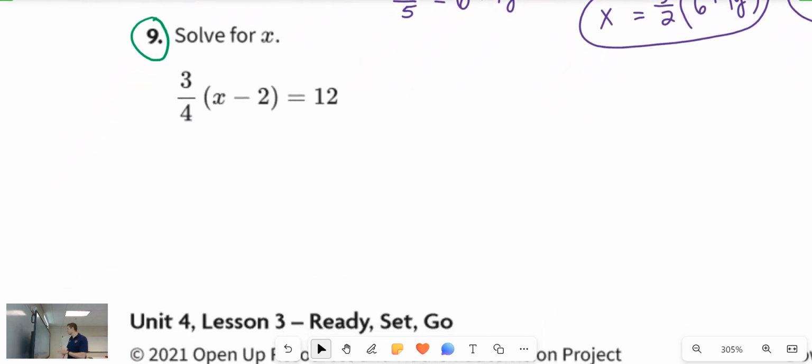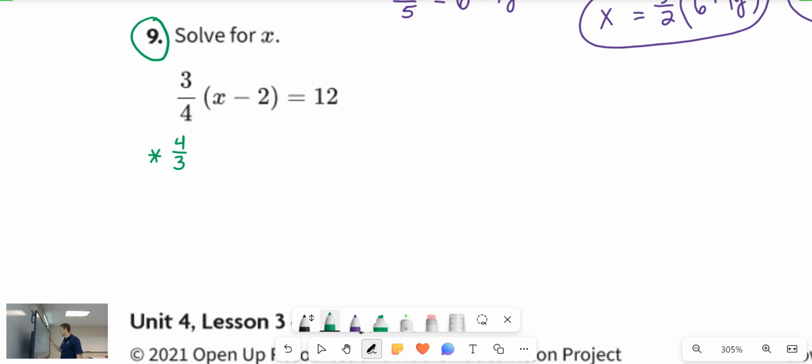So number 9, we only have an x. That's the only variable, so we should be able to get to a number. So let's switch back to the green here, and let's take it away. The first thing we're going to do is multiply by the reciprocal, right? So this is 3/4. What we're going to want to do is first multiply by the reciprocal, which is 4/3.